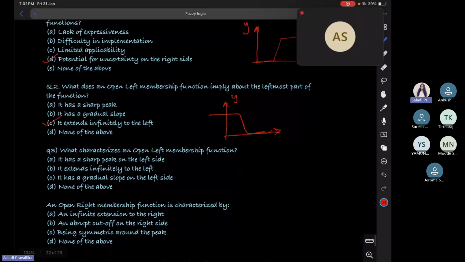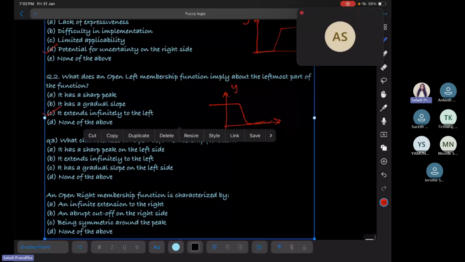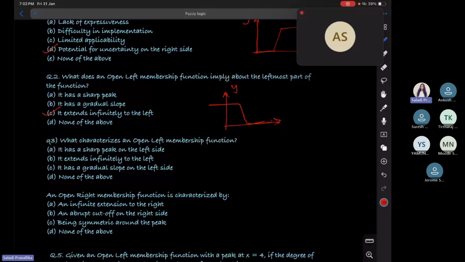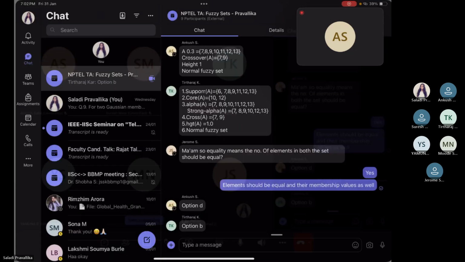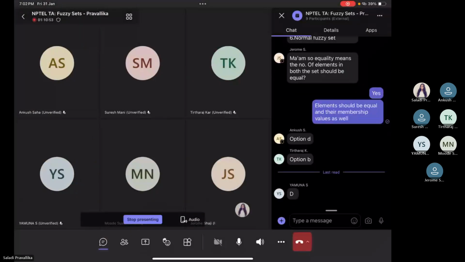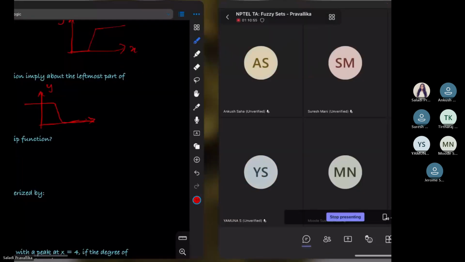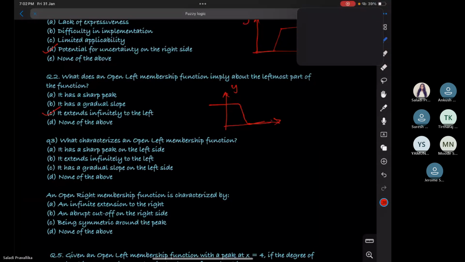Next, third question. What characterizes an open left membership function? D, none of the above.